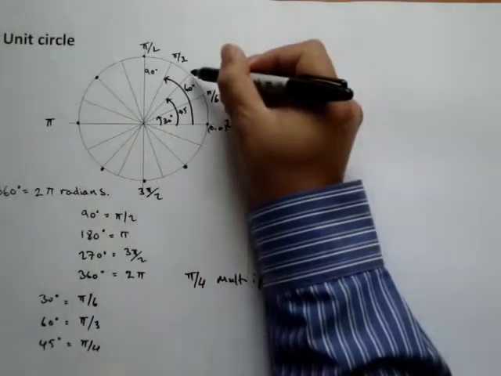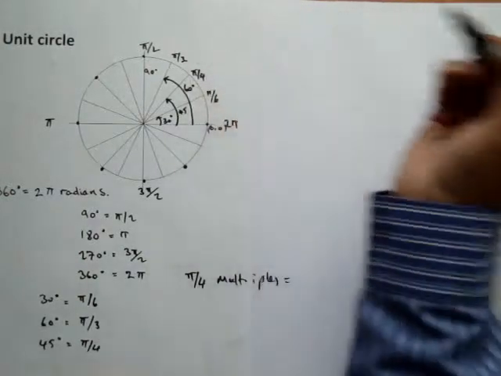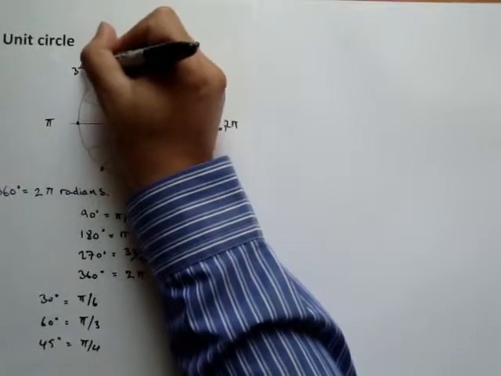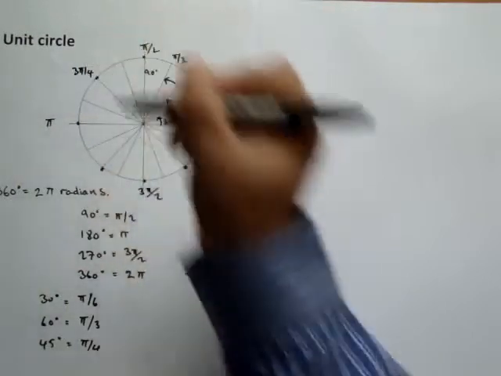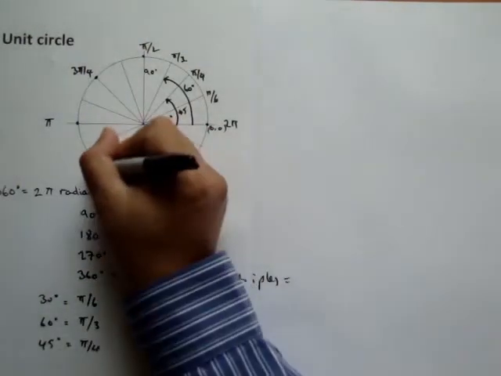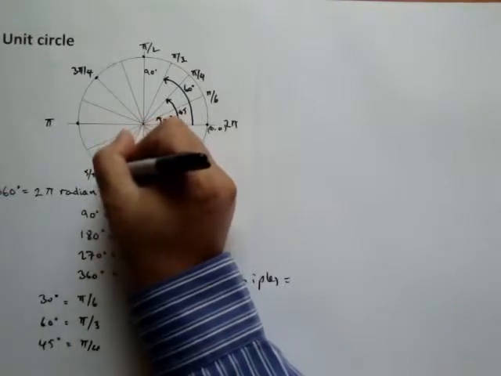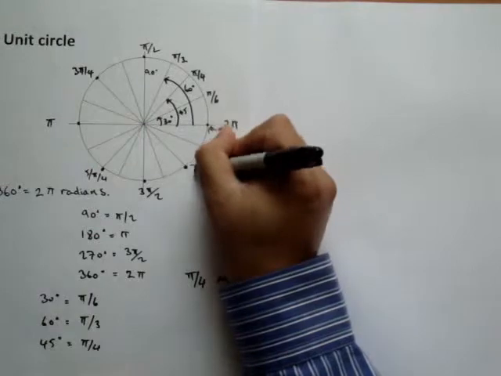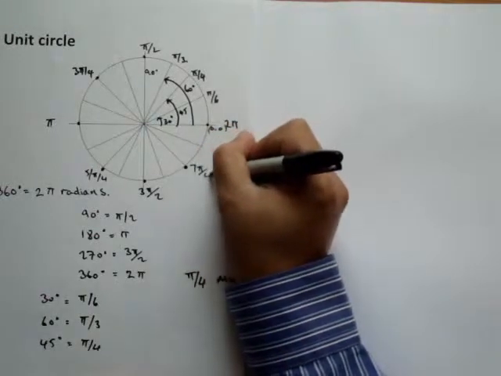So we have pi over 4, then we have 3 pi over 4, 5 pi over 4, and 7 pi over 4.